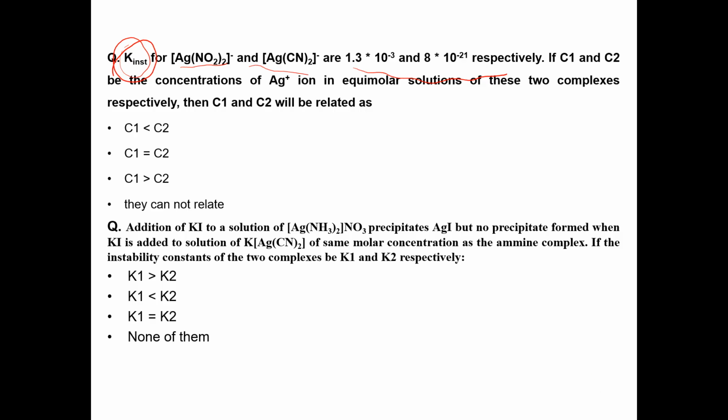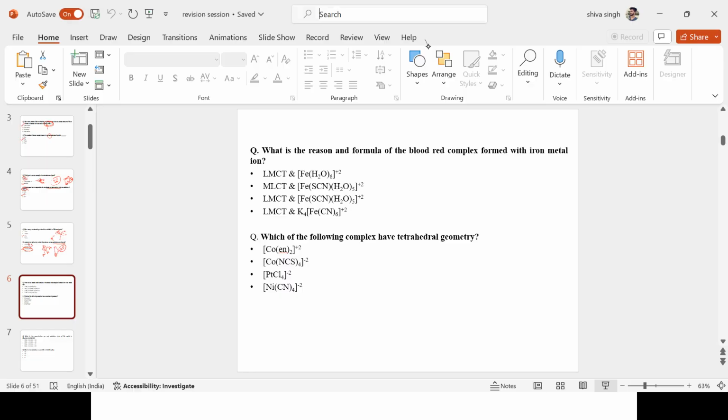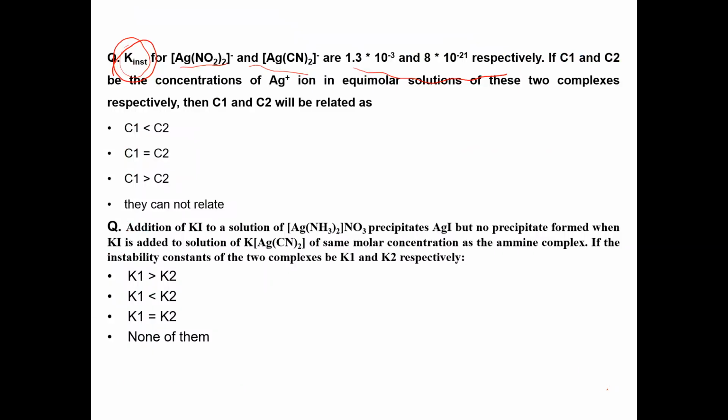If I consider K2, it is very small. If C1 and C2 are the concentrations of silver ion in equimolar solutions of these two complexes, then because the stability constant of K2 will be higher, it will not lose its silver ions.